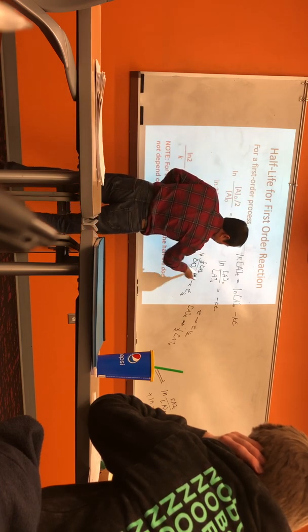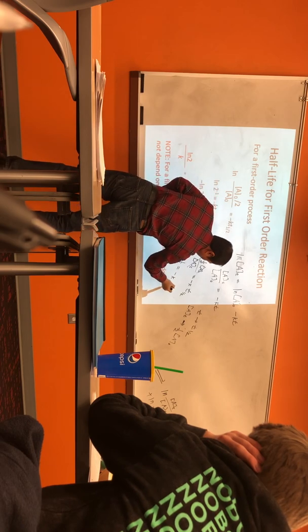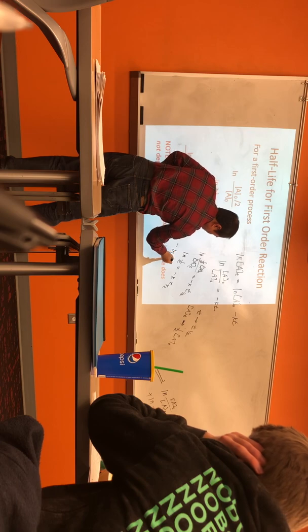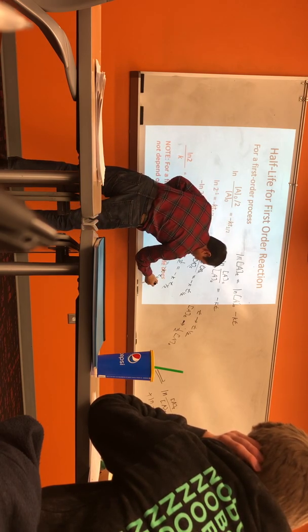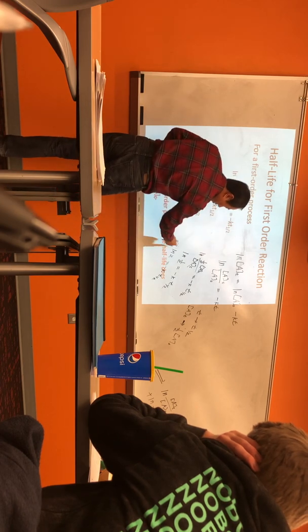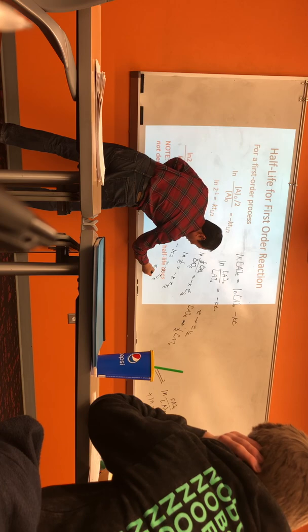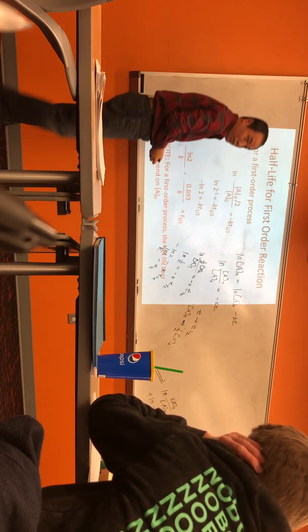You'll see this will cancel. You have ln 1/2 equal to negative kt 1/2. ln 1/2 is negative ln 2, so the negative signs cancel. So you have half-life equal to ln 2 over k.